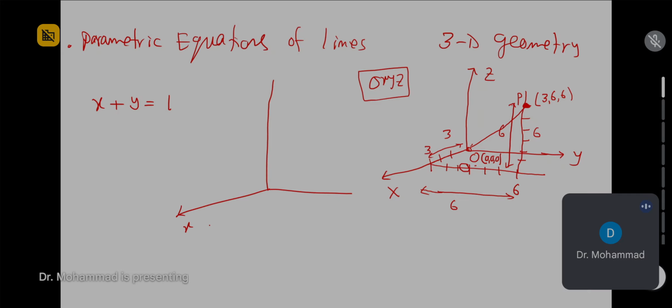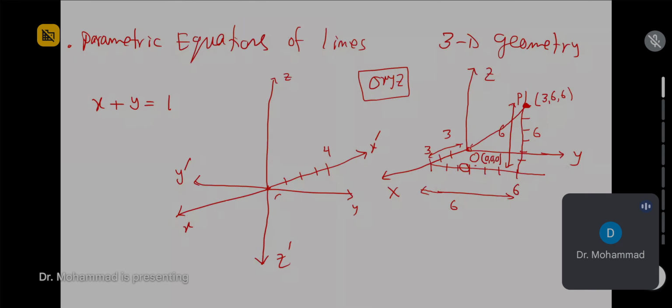Let's say this is X, this is Y, and this is Z. So this is our X prime, this is our Z prime, and this is our Y prime. So prime indicates, for example, X prime indicates X is negative, Y prime, Y is negative, and Z prime, Z is negative. So let's say now the point, for example, 1, 2, 3, 4.